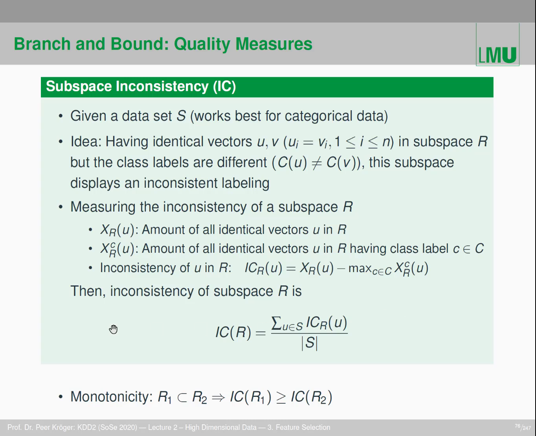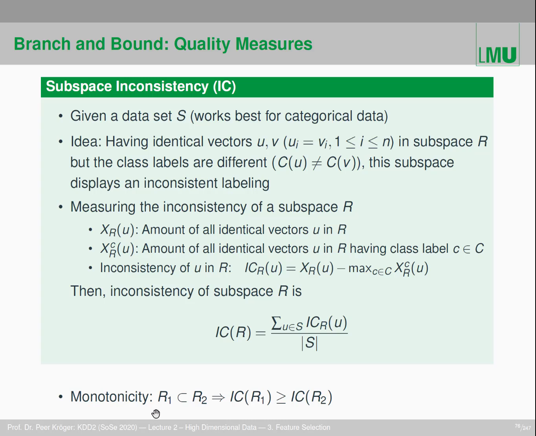So that is the inconsistency of the subspace regarding this specific vector. And now you can sum up the inconsistencies of all vectors in this subspace and normalize by the number of vectors here. So this is the inconsistency score of a subspace, and this inconsistency score is actually monotonic.